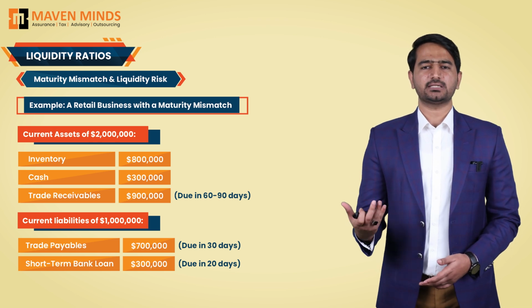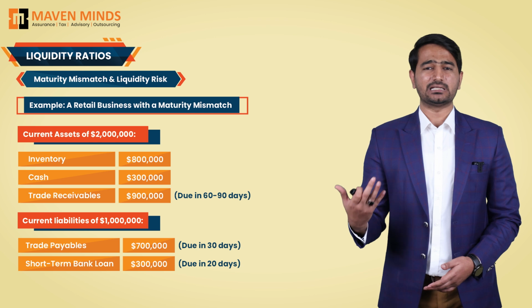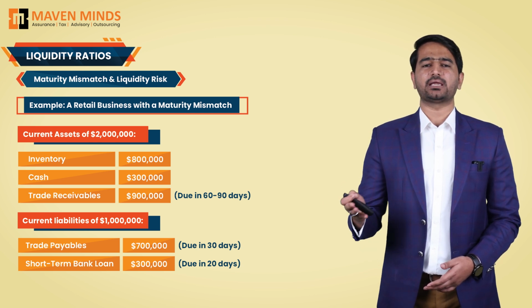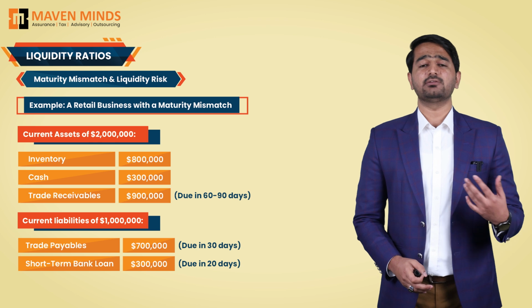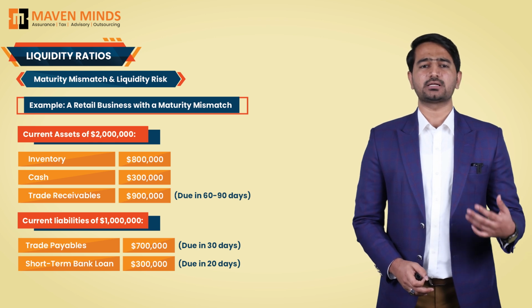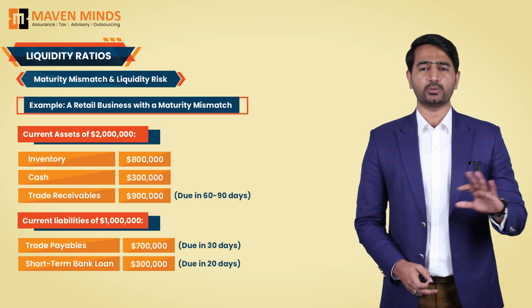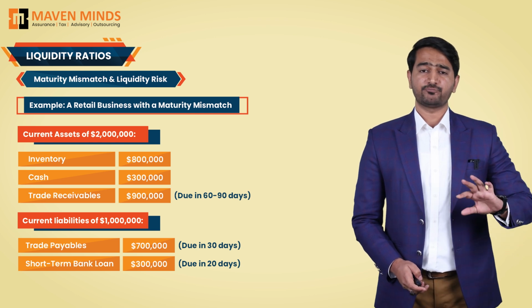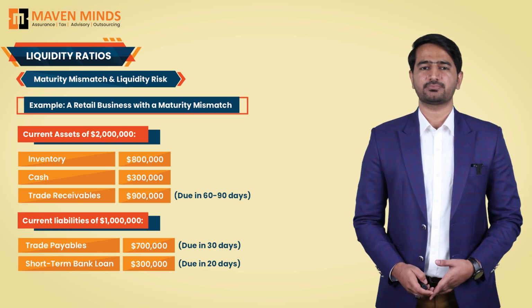Receivables of $900,000 are not immediately available. They are expected to be collected in 60 to 90 days, whereas inventory of $800,000 is not guaranteed to be sold quickly, and even if sold, it might be on credit, further delaying the cash collection.